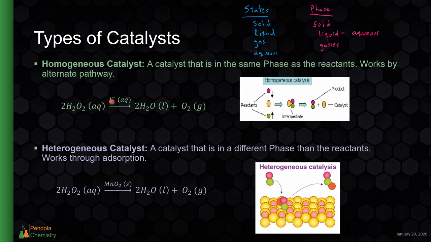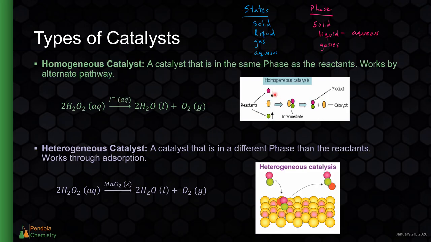The iodide ions are homogeneous catalysts. Why? Because the iodide ions are in the aqueous phase, and so is the hydrogen peroxide. Even if you were to use something that was liquid, it would still be considered the same phase as the aqueous, as we discussed earlier. So this is a homogeneous catalyst for this reaction.